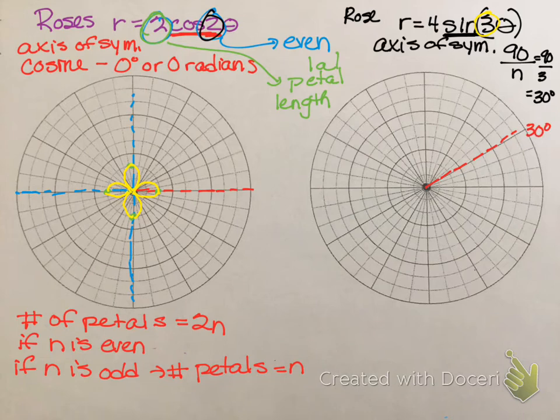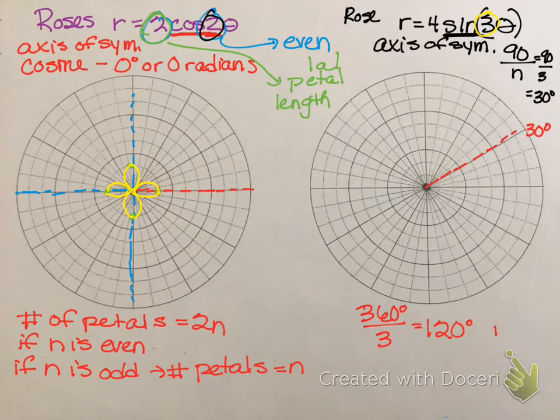Now let's figure out how far apart they need to be. Again, I need to have 3 petals. So I'm taking the whole 360 degrees, or the whole 2 pi rotation, and I am dividing that by 3. So I'm going to need my next axis of symmetry to be 120 degrees away from 30.